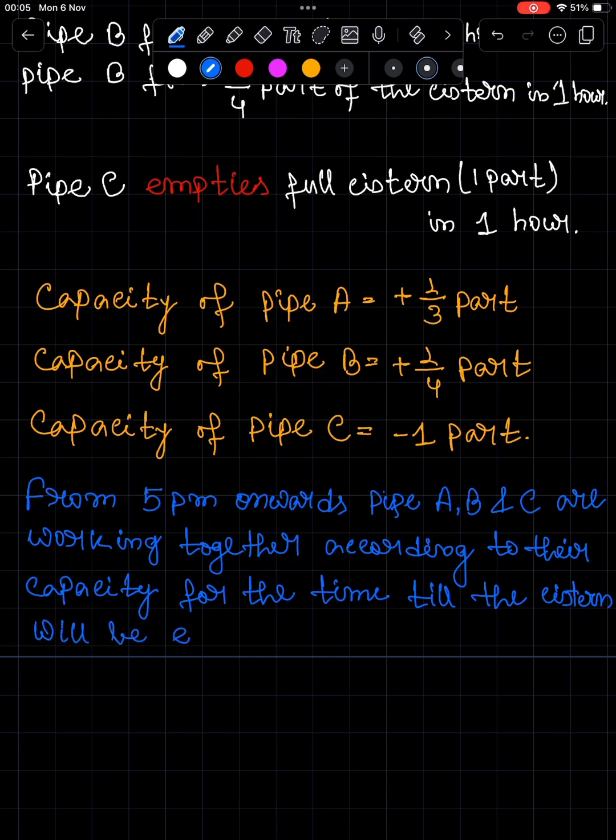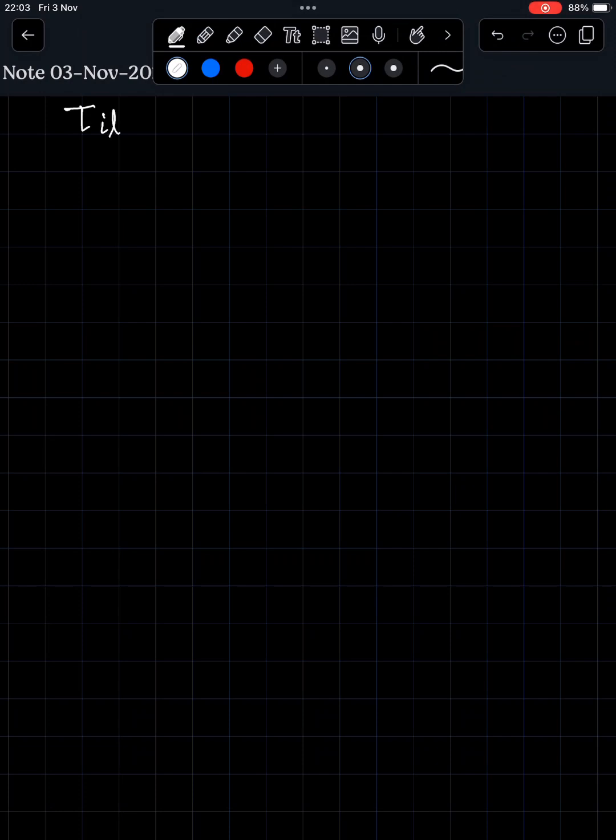That is why from 5 p.m. onwards, when we calculate the sum of the capacities of all three pipes, we get plus 1 by 3 plus 1 by 4 minus 1. That means when all three pipes are working together, we get plus 1 by 3 plus 1 by 4 minus 1.